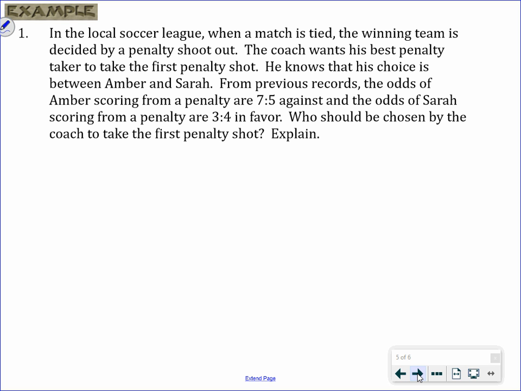So we've got these two players. We've got Amber and we've got Sarah. So we're given the odds. In order to calculate who should take the first shot, we're going to change this into probability. So if we talk about Amber scoring, her odds are 7 to 5 against.